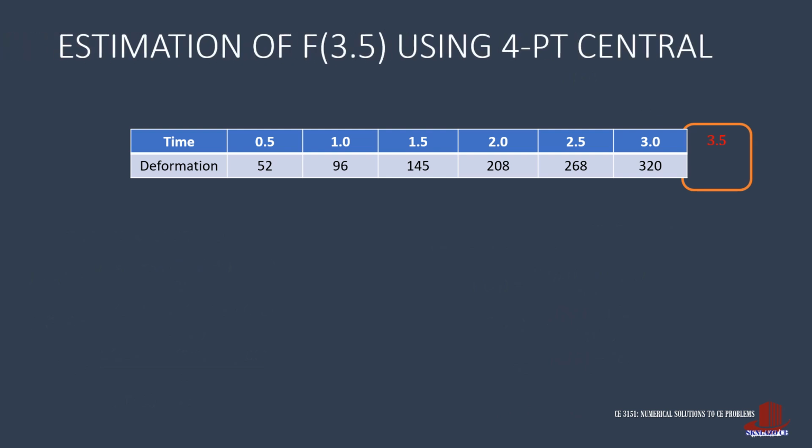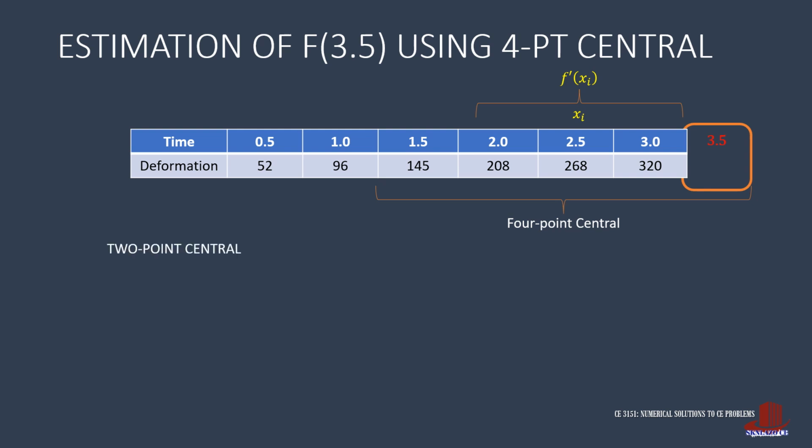For the alternate solution, we again work on 4-point central to get f of 3.5. This tells that xi is 2.5, which can show that f prime of 2.5 be solved using 2-point central.